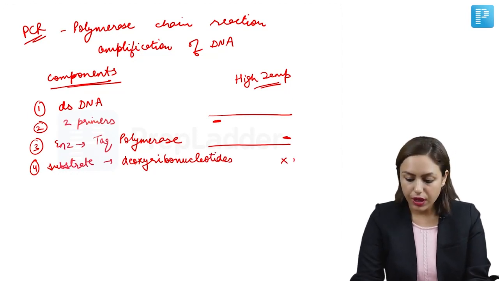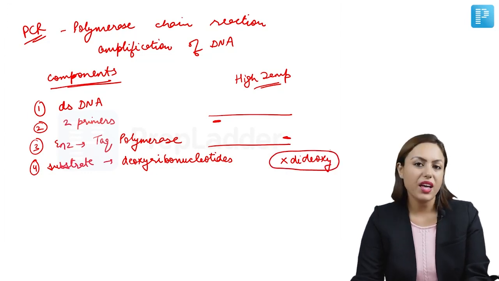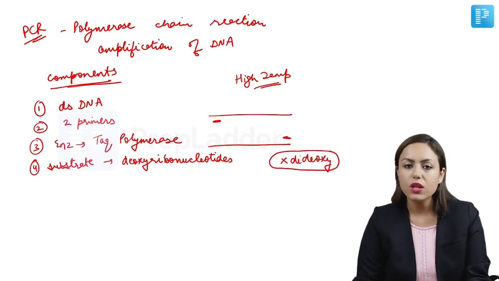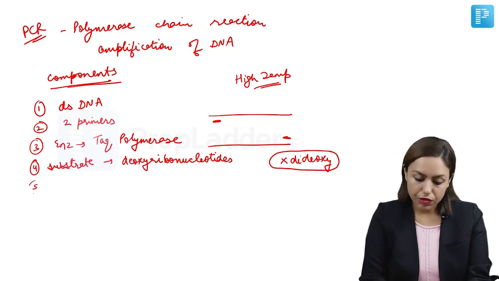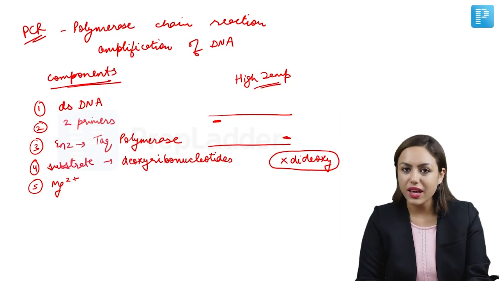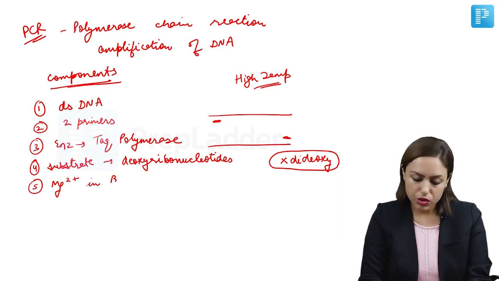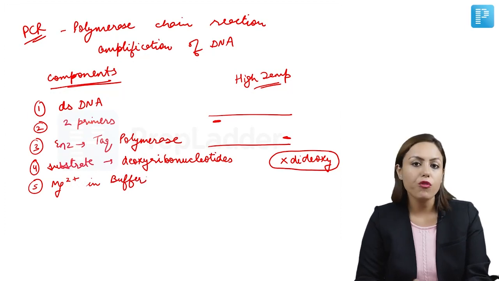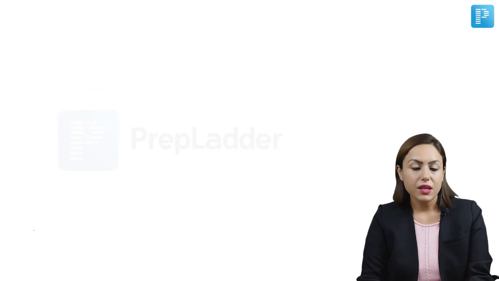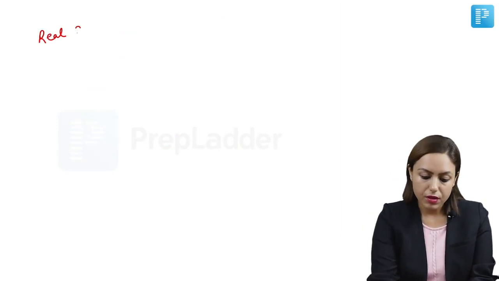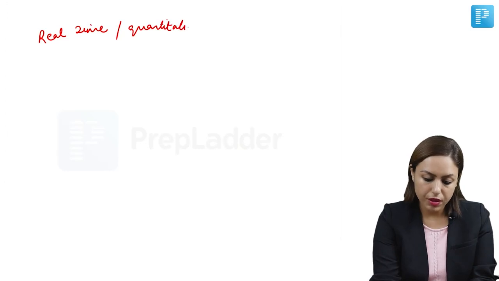Okay. We will never use dideoxyribonucleotides in PCR because if that is used, DNA synthesis will stop, right? Then fifth, we need magnesium ions because the enzyme polymerase requires magnesium ions. So we take magnesium ions in a medium of buffer, right? These 5 components are required. Then there is one real-time PCR, real-time or quantitative PCR.